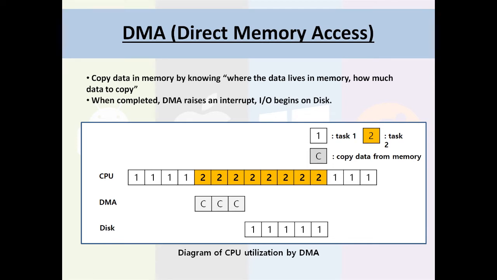So it works as follows, right? To transfer data to the device, for example, the OS would program the DMA engine by telling it where the data lives in memory. So it'll send the location in memory where the data lives, how much data to copy, and which device to send it to.